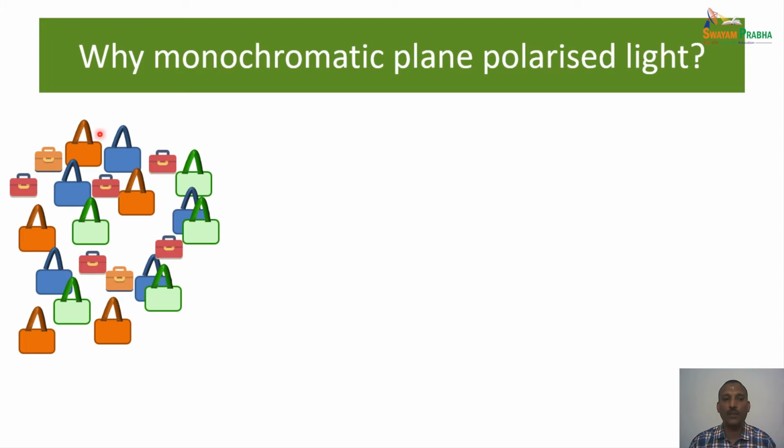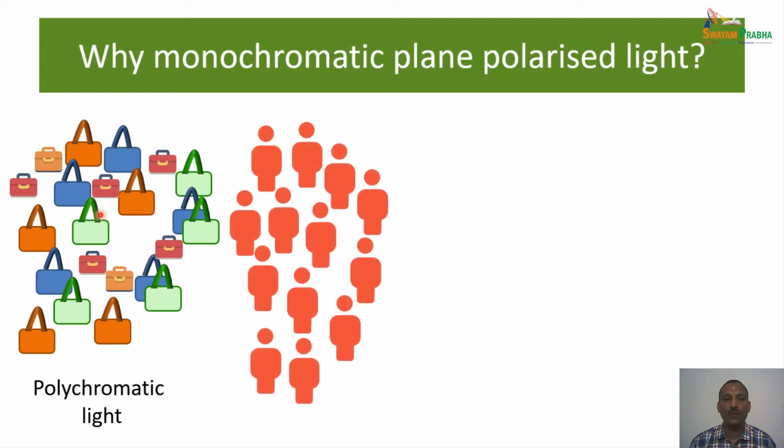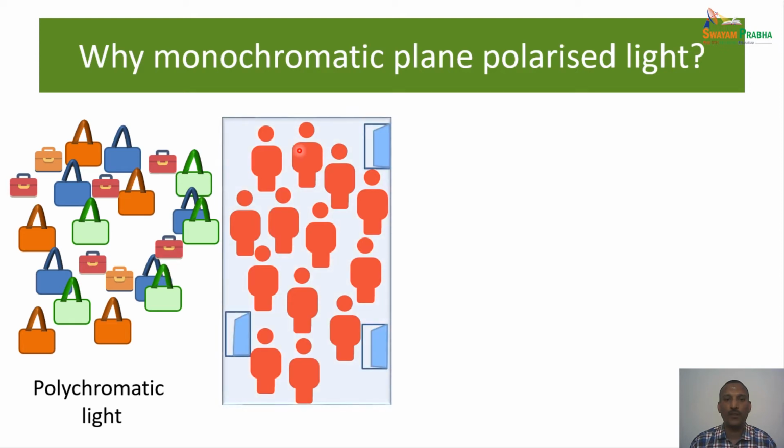There are multiple bags inside a room, and this is equivalent to polychromatic light. That means there are bags of multiple colors in the room, a lot of people inside the room, and there are various exits in that room also.